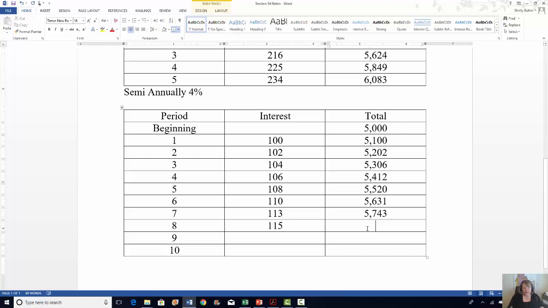And of course I'm rounding, so that would be different. And 117. 5,975. And 120. $6,095. So now compounded semi-annually will give you even more money.